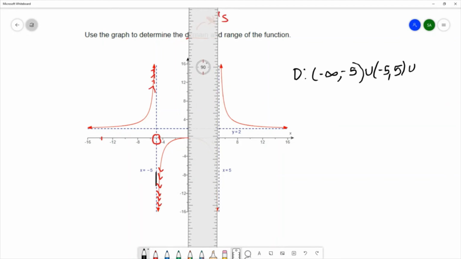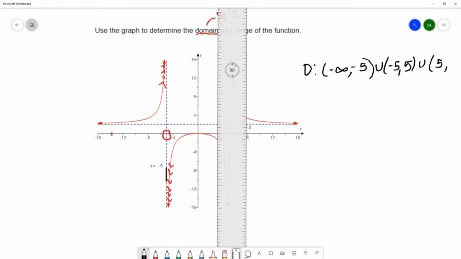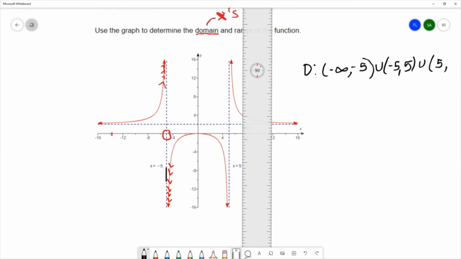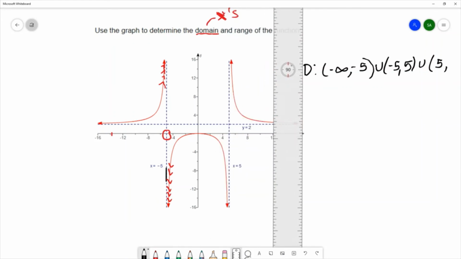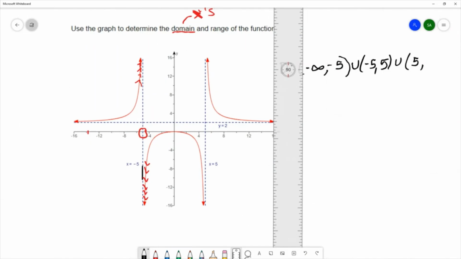So your domain will start again at 5. And then there are no more vertical asymptotes, and the graph continues the rest of the way to infinity. So that's your domain.